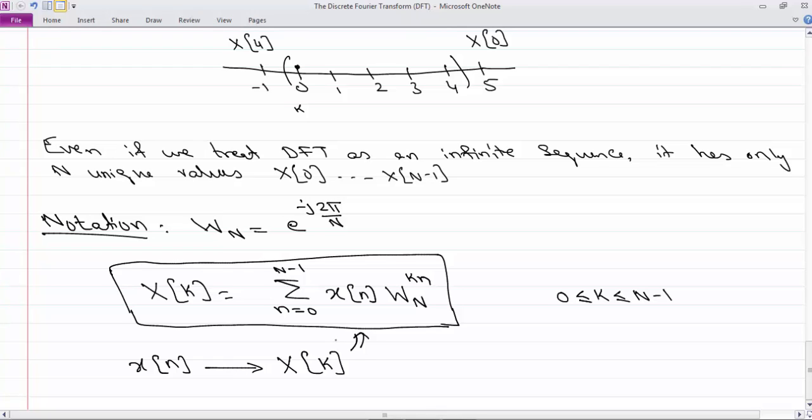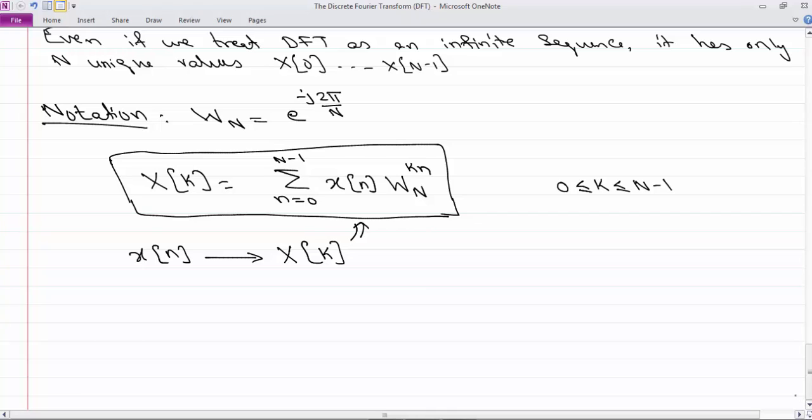Now a transform by its very definition means that you don't lose any information. So you can go back and forth between the transform and the original sequence. So how do we go now from X[k] back to x[n]? How do we do that?